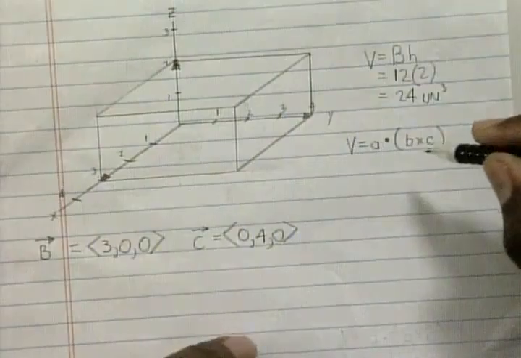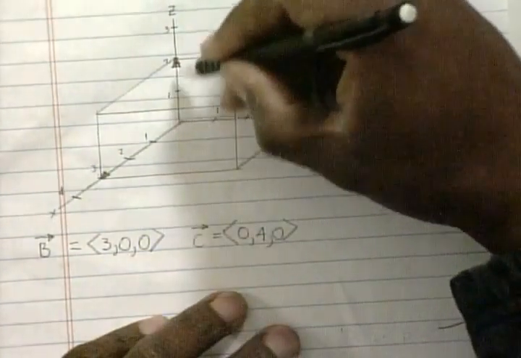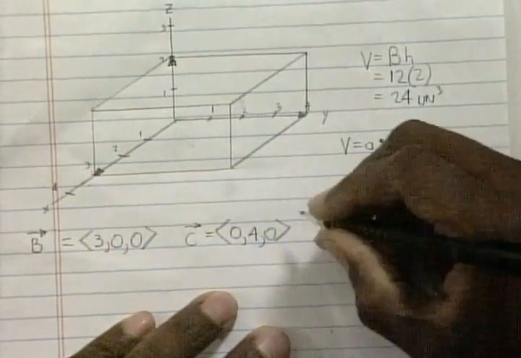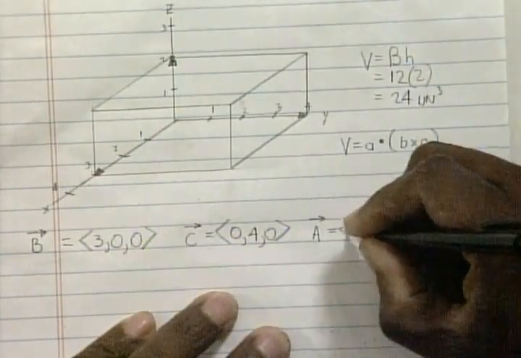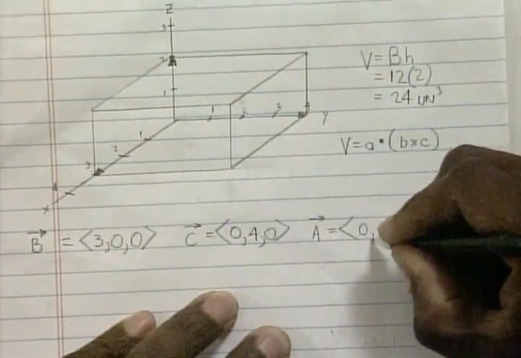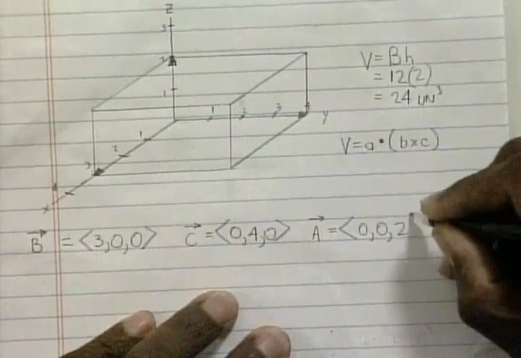And this we're calling vector A. So vector A is 0 in the x, 0 in the y, and 2 in the z.